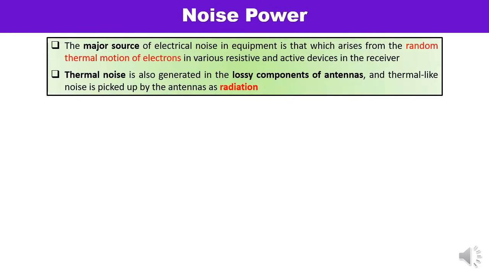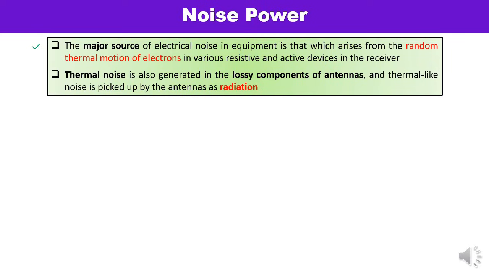First, we will discuss the noise power. With the term noise, you are very well aware what noise is, how to express it, and how many types of noise are actually encountered in signals or in a communication system. The major source of electrical noise in any equipment arises from the random thermal motion of the electrons.